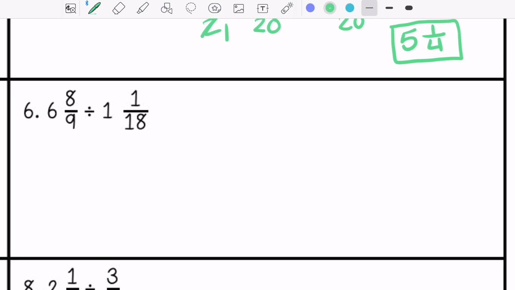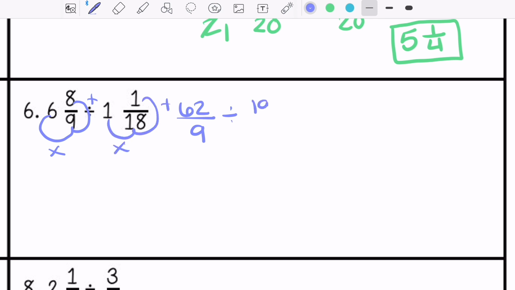Number 6, 6 times 9 is 54, so this is 62 ninths divided by 19 eighteenths. You're going to keep, change, flip. Greatest common factor between these is 9. And I don't believe there's one with 19 and 62.